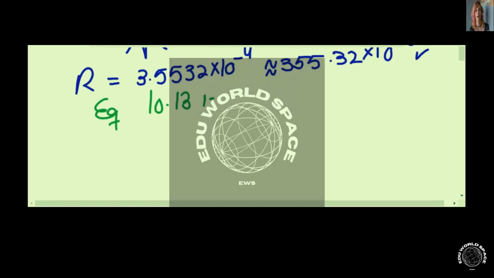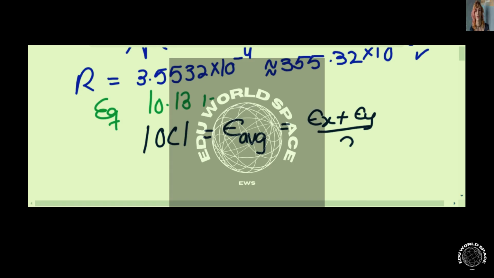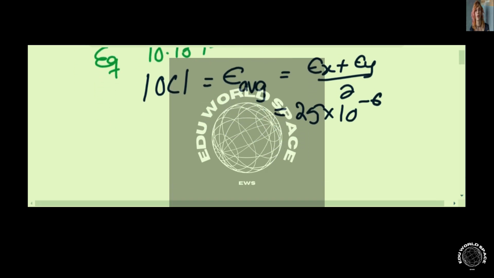So the origin of the axis is equal to the average value of the strains, that is the sum of the strains divided by 2. You have the values, plug them in, and you get 25 into 10 raised to power negative 6, right? Now all we need to do is to graph the circle, right?